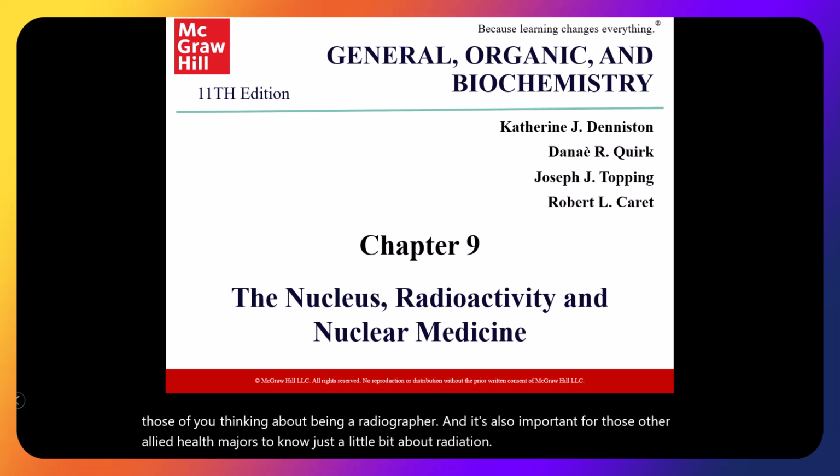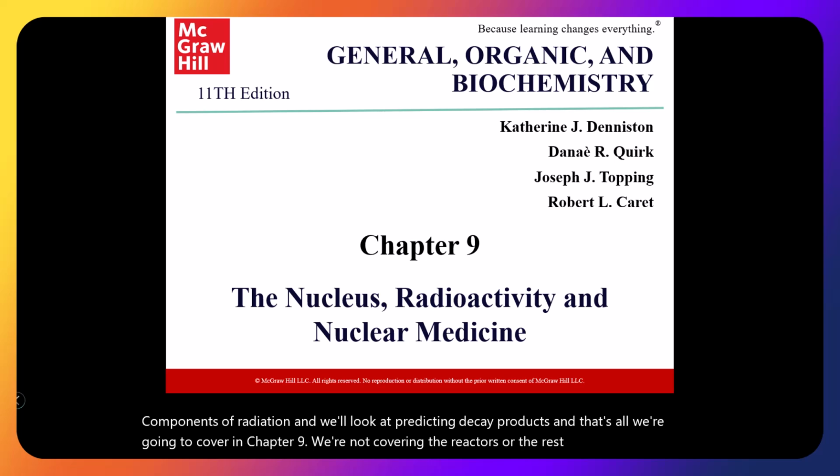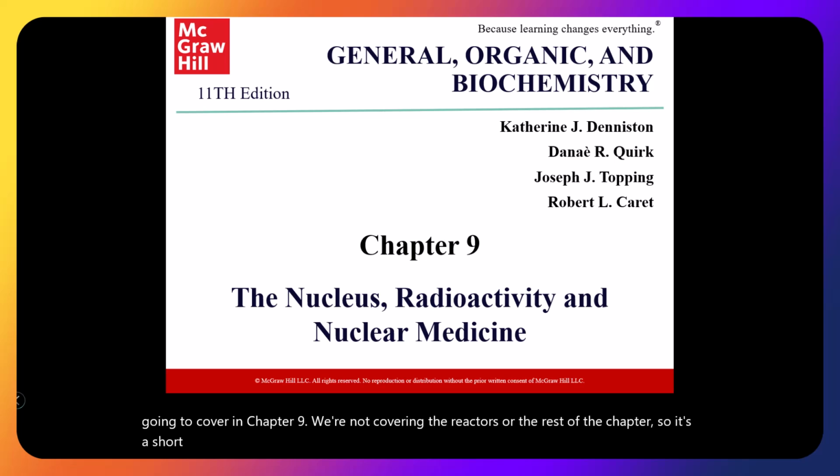So we're going to talk mainly about the components of radiation, and we'll look at predicting decay products, and that's all we're going to cover in chapter 9. We're not covering nuclear reactors or the rest of the chapter. So it's a short chapter. I think it's manageable.